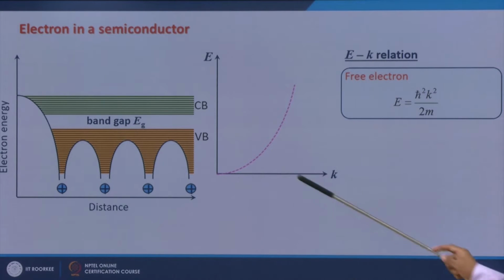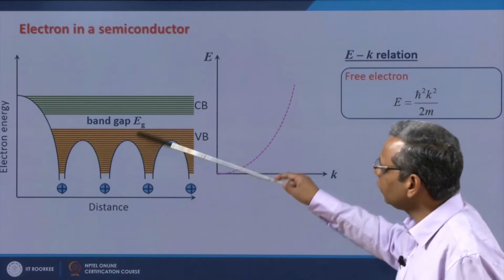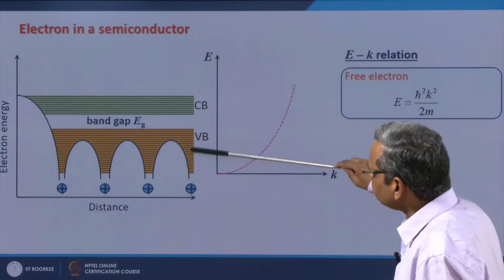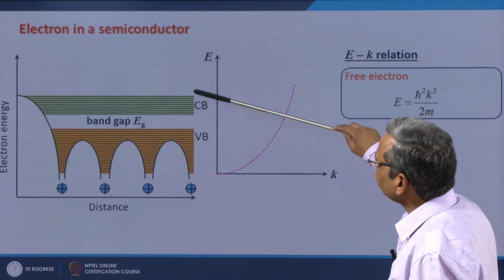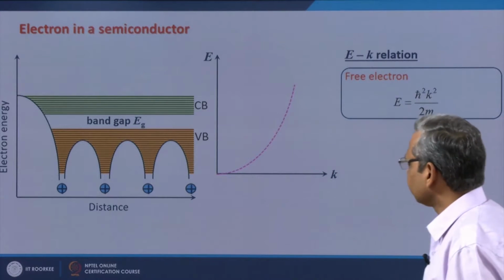So, the electron can occupy any energy. However, if the electron is subjected to this kind of potential energy, then it can occupy energies here, it can occupy energies here, but it cannot occupy energies here.